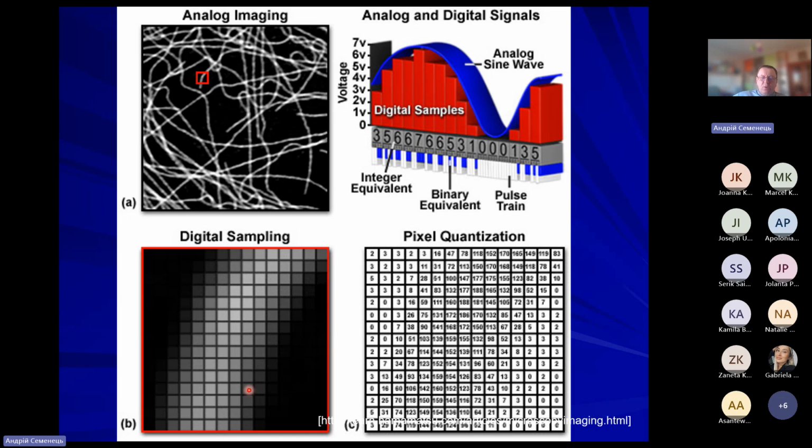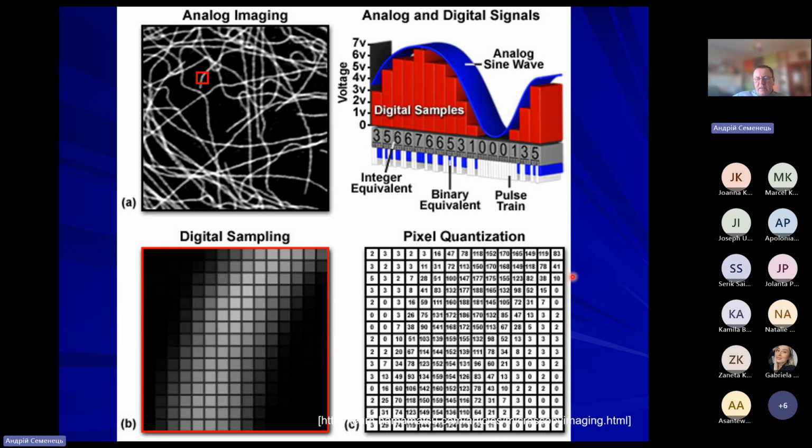And here is what we have at the end, the bottom row. Digital sampling: how this small area will look, how it will be illuminated over sensor elements. And at bottom right, we have the quantization results, a numerical representation of this input analog energy flow.